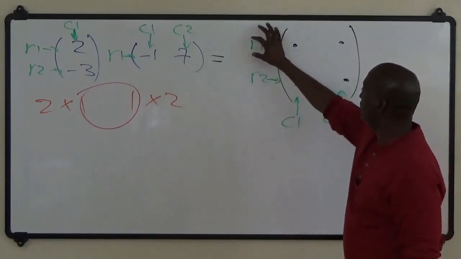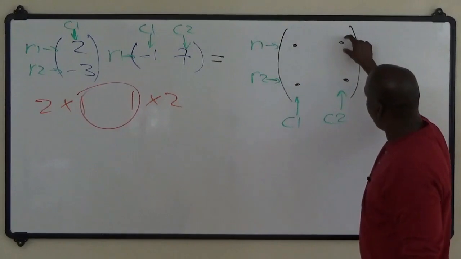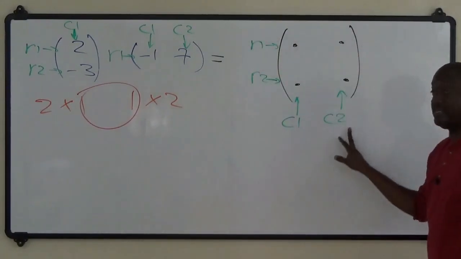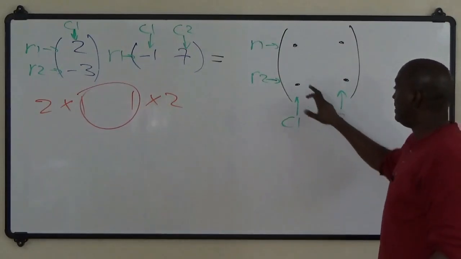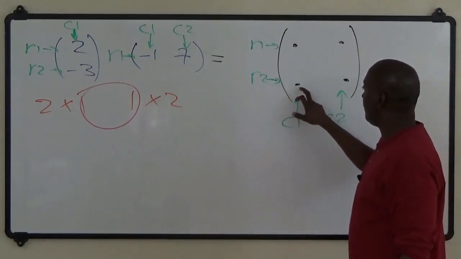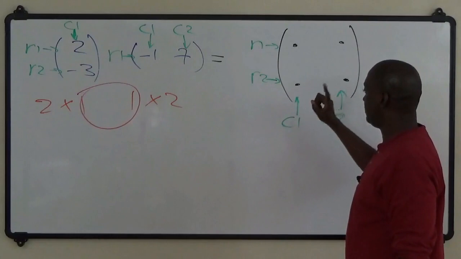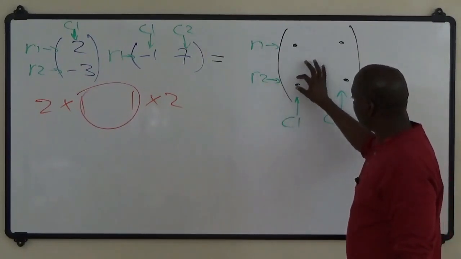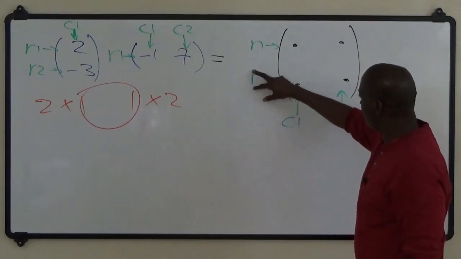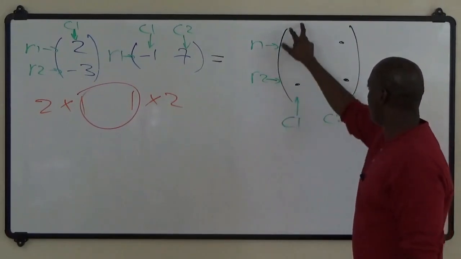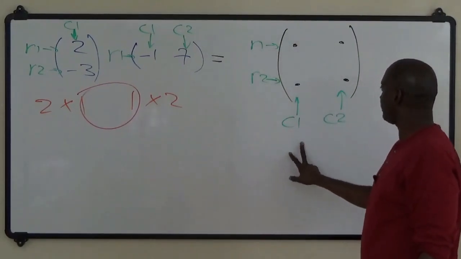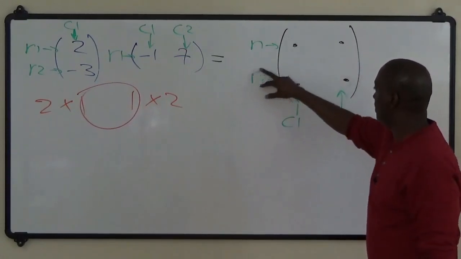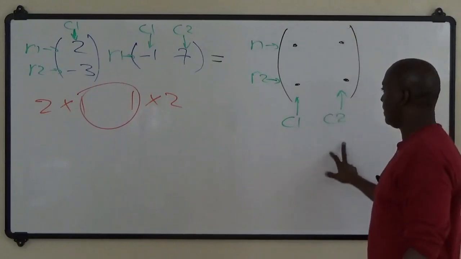By the same token, this quantity here is formed at the intersection of the first row and the second column. This quantity here is formed at the intersection of the second row and the first column. I have to be very careful here and you'll see why in a bit. This quantity here is formed at the intersection of the second row and the second column.